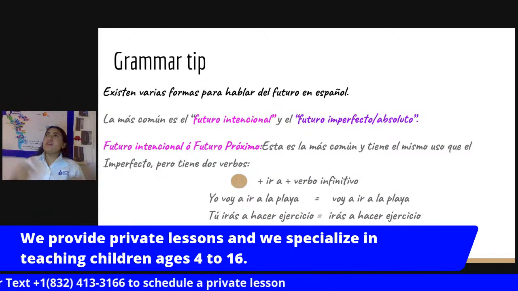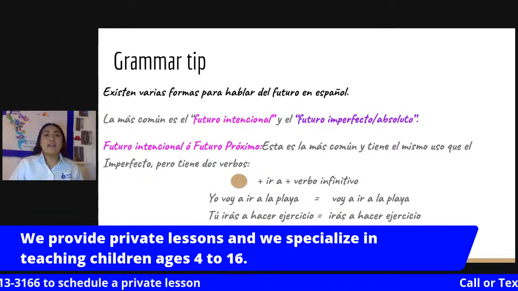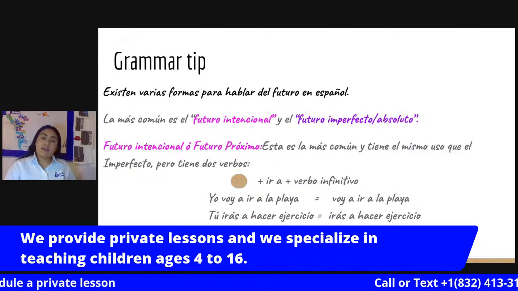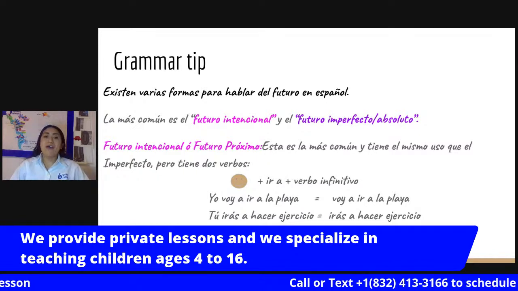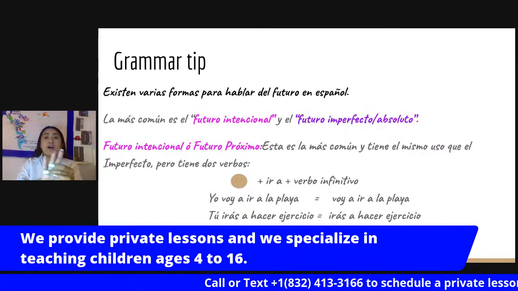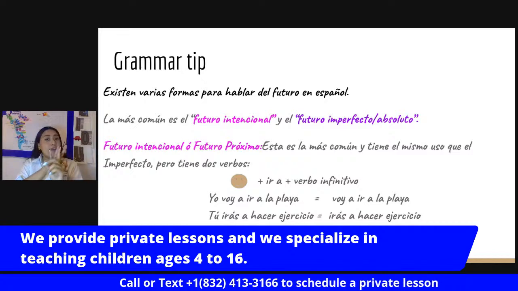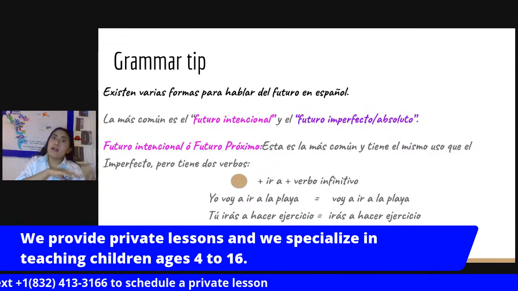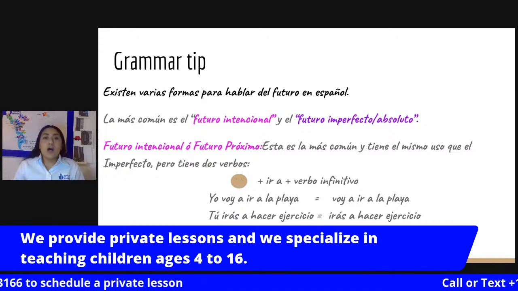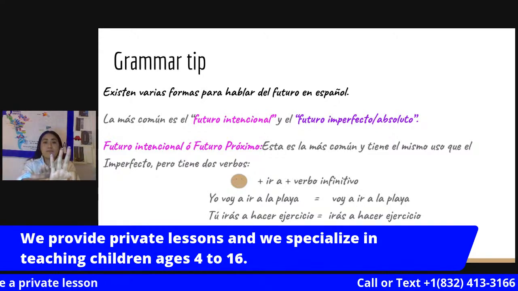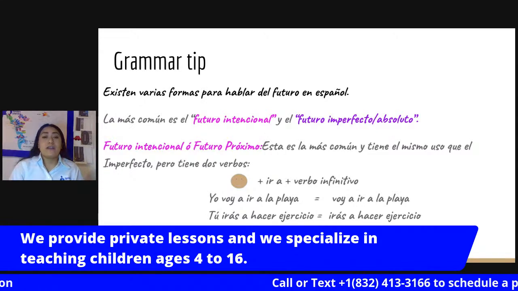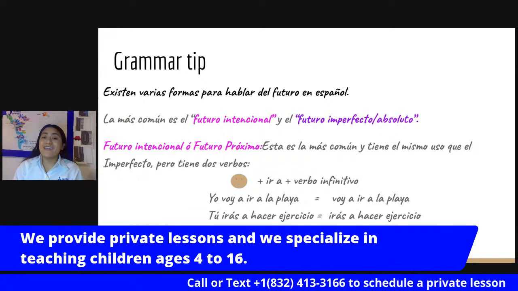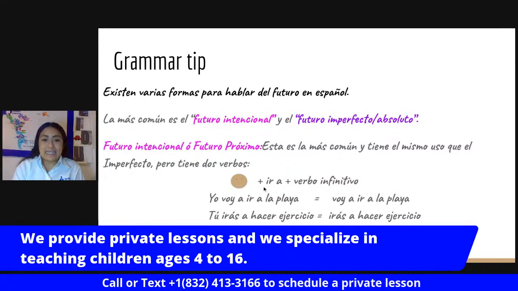What is the infinitive? The ones that are ending in ar, er, ir. Remember, in Spanish, we have 3 kinds of verbs: ar, er, ir. Okay? And in these groups, we have the regulars and irregulars. So, we are just going to use them. The only verb that we are going to conjugate is the verb ir.